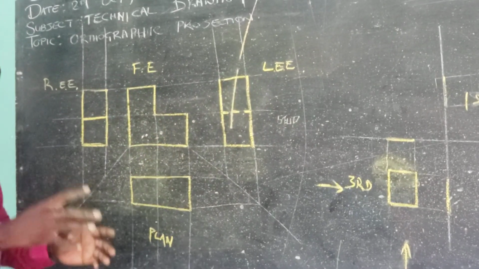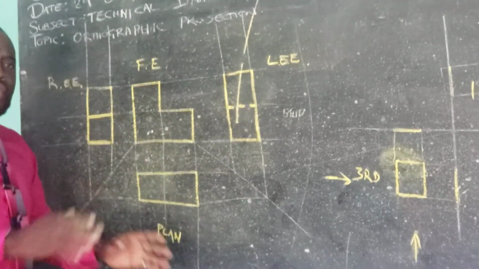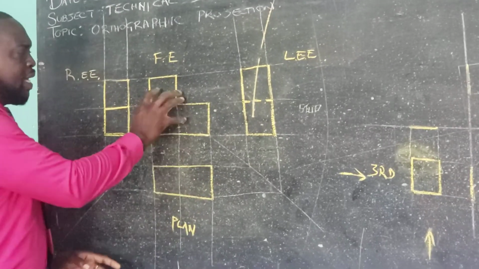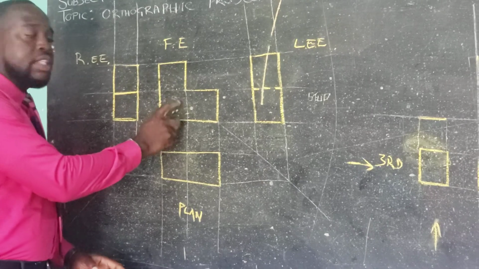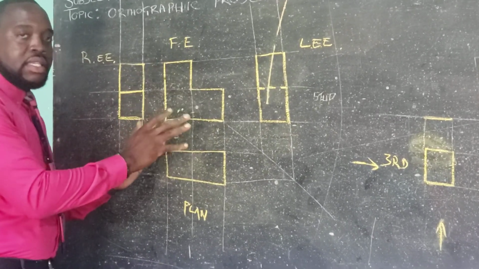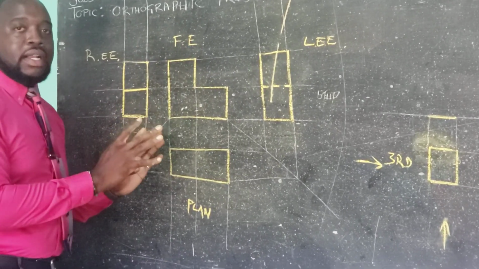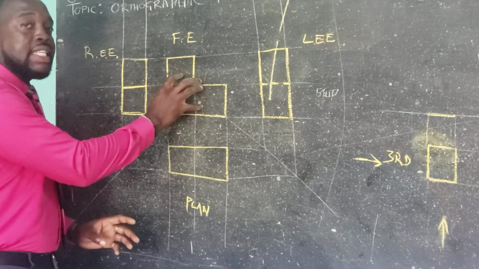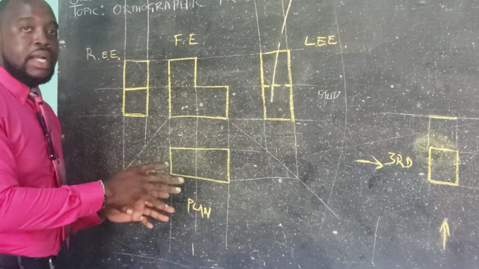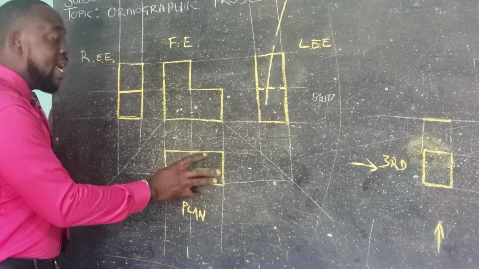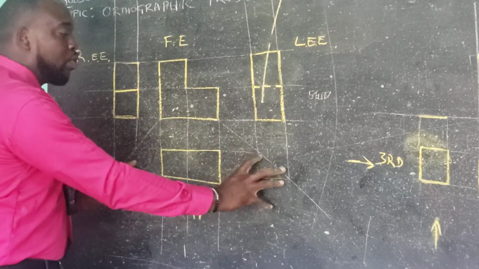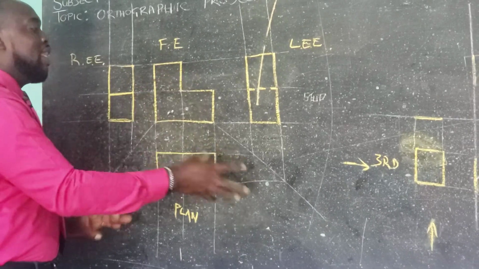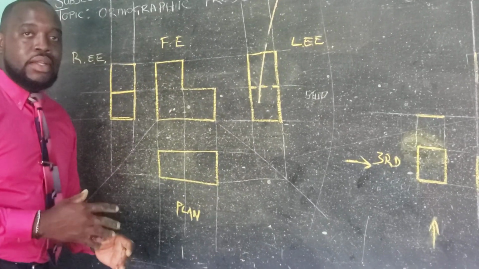So the moment you see a figure given to you and they tell you that the drawing at the top is the front elevation, that simply means that this drawing is in first angle. Once the elevation is at the top, this drawing is in first angle. If the elevation was at the base, however, with the two elevations beside it, all elevations go together and the plan will be at the top. That would give you a third angle drawing.